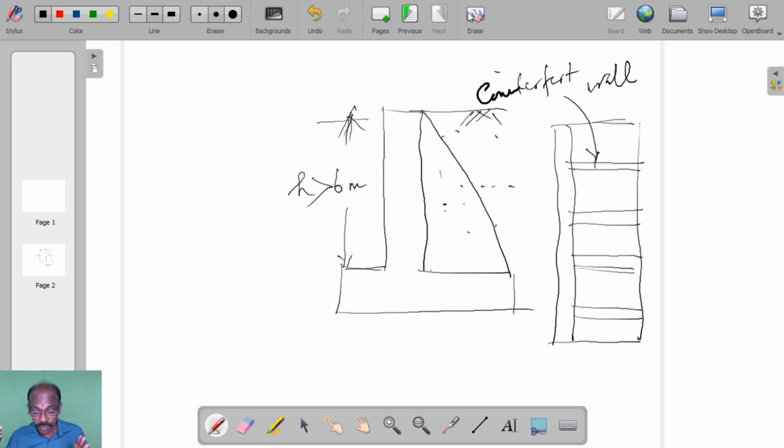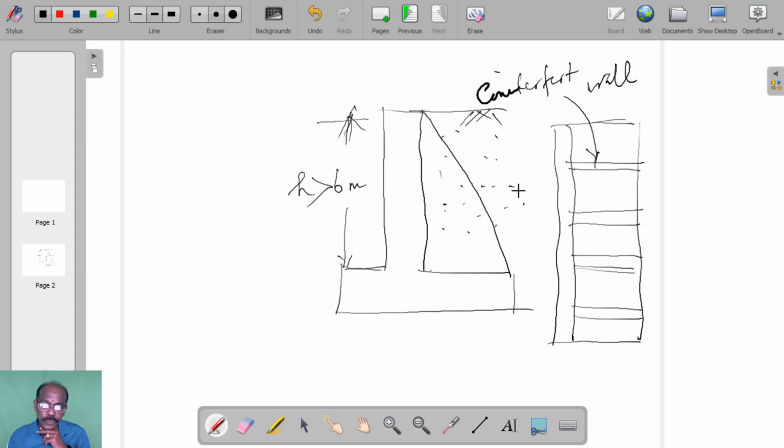In the buttress retaining wall, the counterforts are called buttresses. Buttresses are provided on the opposite side of the backfill. Suppose this is your backfill, nothing but earth or loose material.